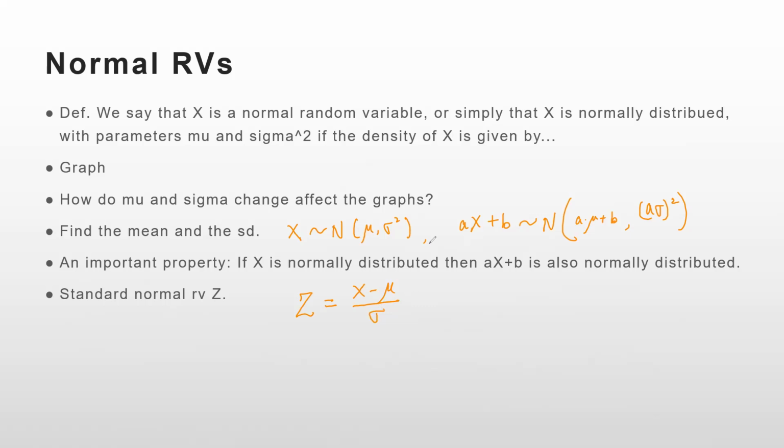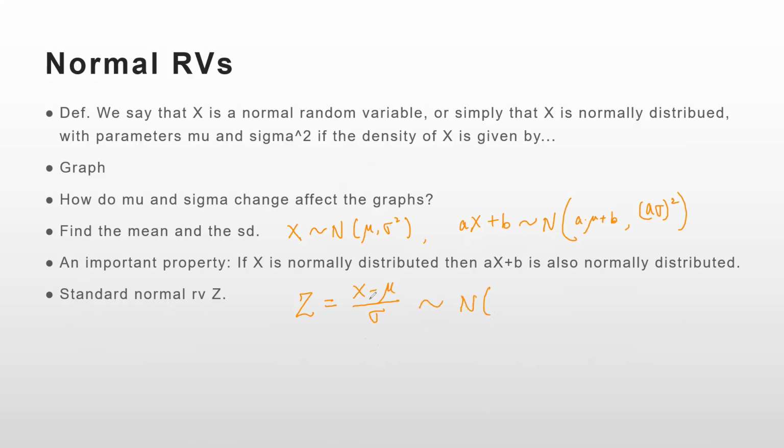The minus mu is kind of centering the original X, so you put the distribution's center on the y-axis. The y-axis will be the axis of symmetry. And dividing by sigma is normalizing. So the whole thing is called standardizing X. And this has a normal distribution, that's no problem.